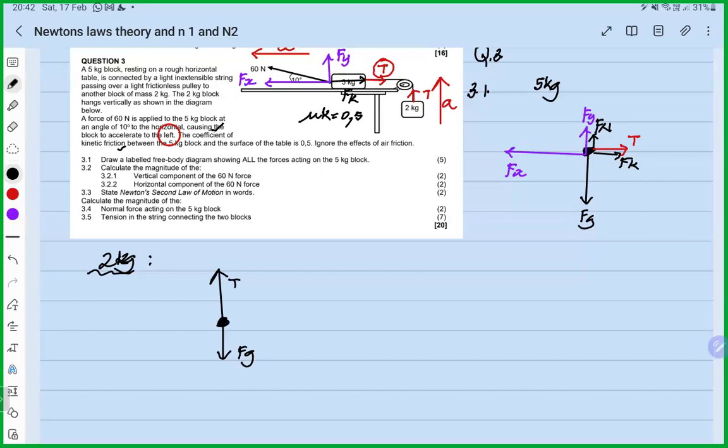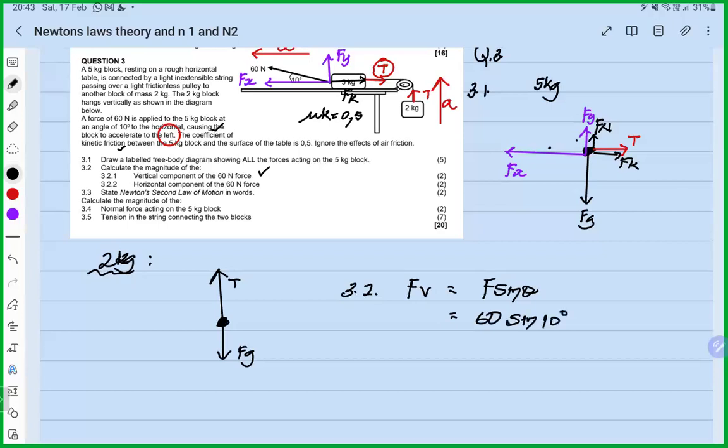Calculate the magnitude of the vertical component of the 60 Newton force. Now, you see, this examiner is being kind because he's trying to hint that you need these vertical and horizontal components because you're not going to end up using that 60 Newton force at 10 degrees. So 3.2.1, F vertical, which is your Y component, is F sine theta, which is going to be 60 sine 10.